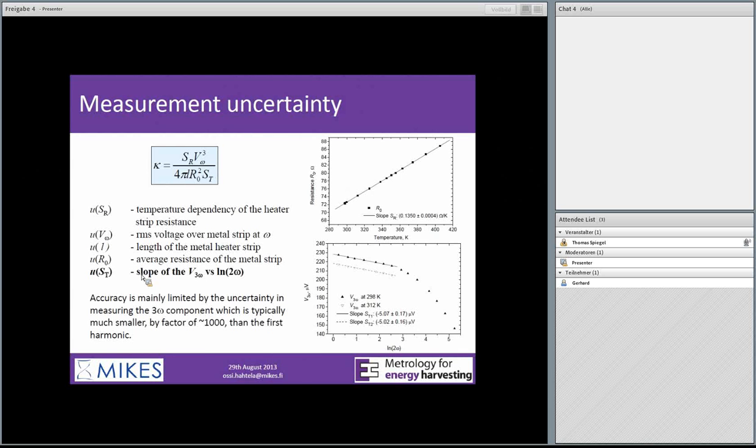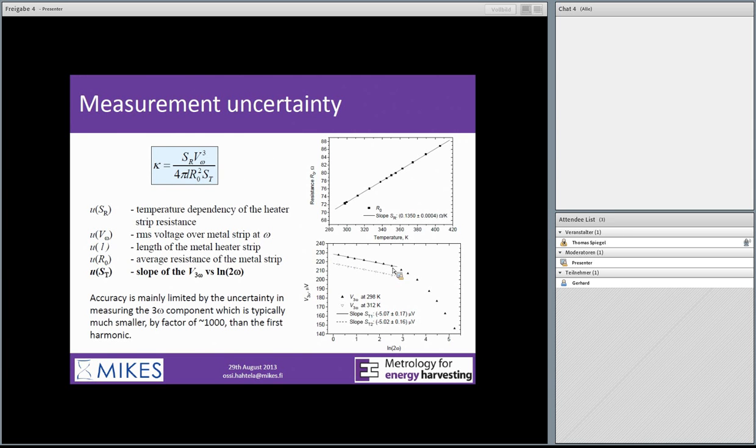But the major part of the uncertainty comes from the 3 omega voltage measurement. As I told you before, the 3 omega voltage component is a very weak signal, and even if we use lock-in techniques, there's typically some deviation in the values, even though we average the measurements for a long time. So we measure this 3 omega voltage component at different frequencies and determine the slope for this linear region of the measurement.